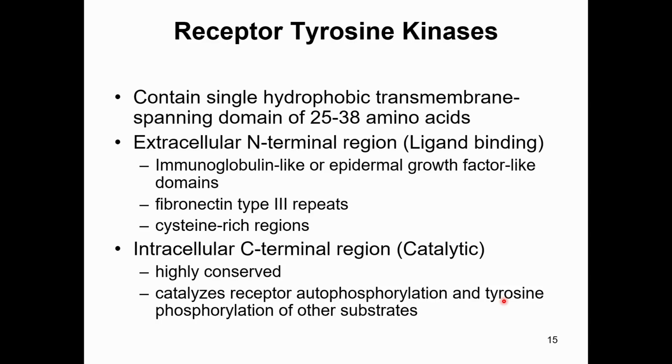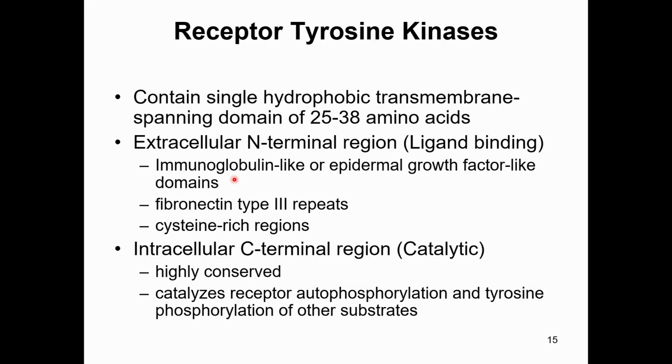So receptor tyrosine kinases, once again, just as a summary, contain a single hydrophobic transmembrane region, 25 to 38 amino acids, something like this. The extracellular region happens to be the N-terminus of the protein, and that's where the ligand binds.